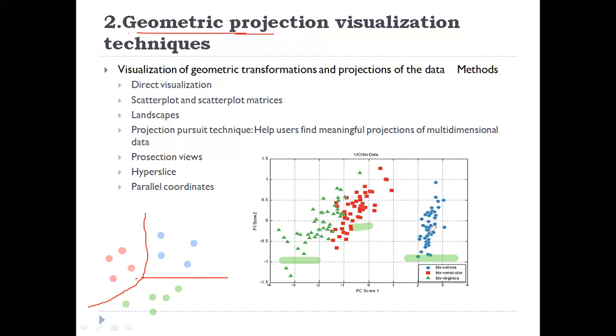You can represent by using plots also. Any kind of technique you can use in geometric projection. Any one of the mentioned methods you can use to represent the given data. This is the second one, geometric projection.